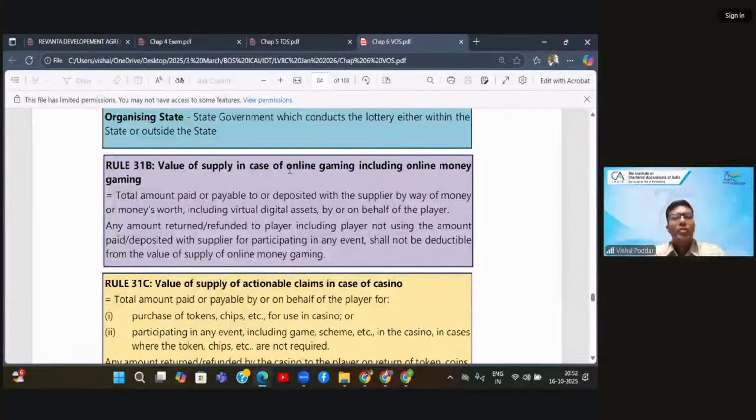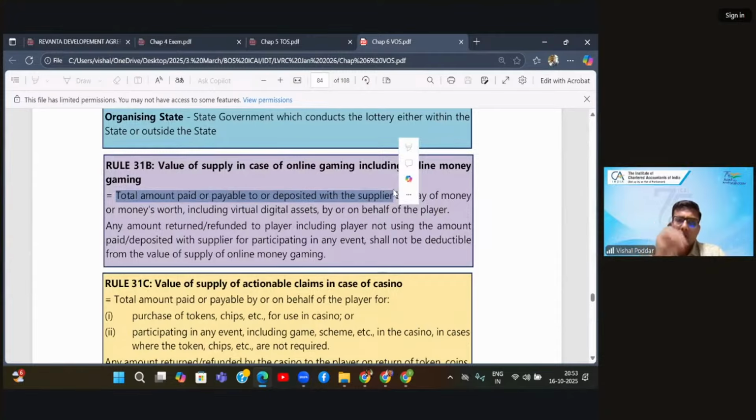Next, in case of online money gaming, what is the value? The value is the amount which the player has deposited with the online gaming company. So generally, when you are playing an online money game, you have to deposit some money in the wallet, and that wallet can be used for putting the bet in the games.